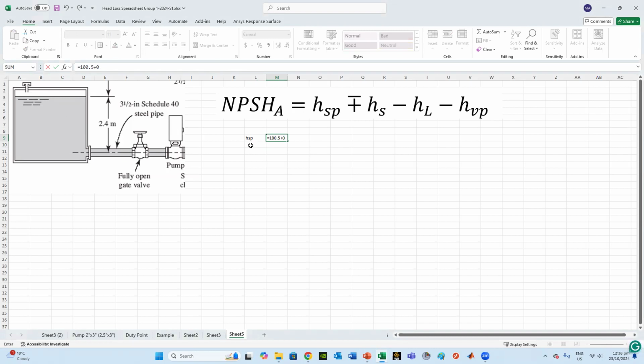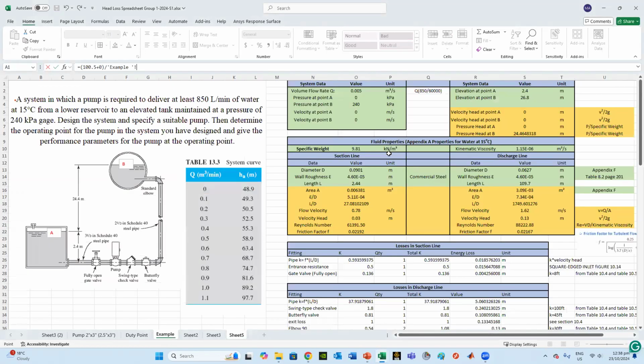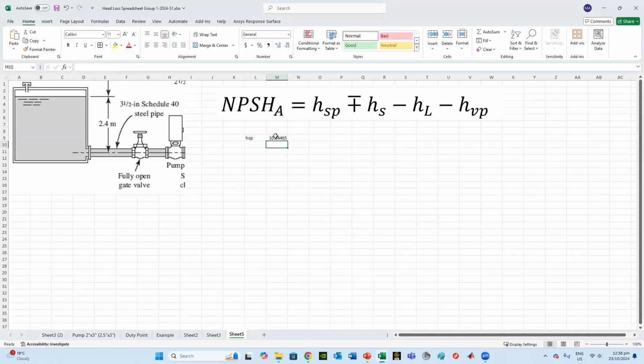All of that, I put the brackets, divided by gamma. So gamma, what we're trying to use, is the specific weight. So I go there and select my specific weight, 9.81. You go through it and then click enter, you find the value, it's 10.244, I put meters.